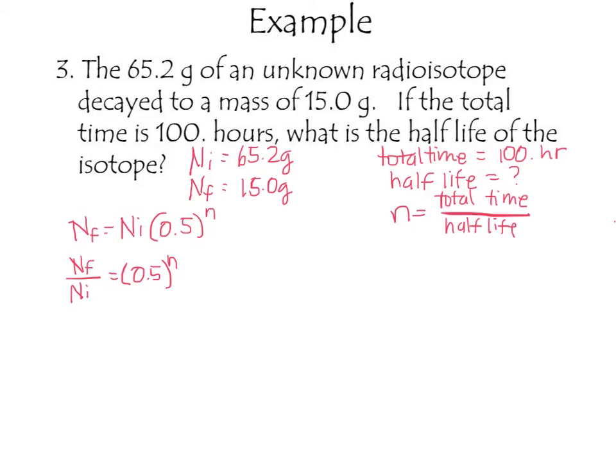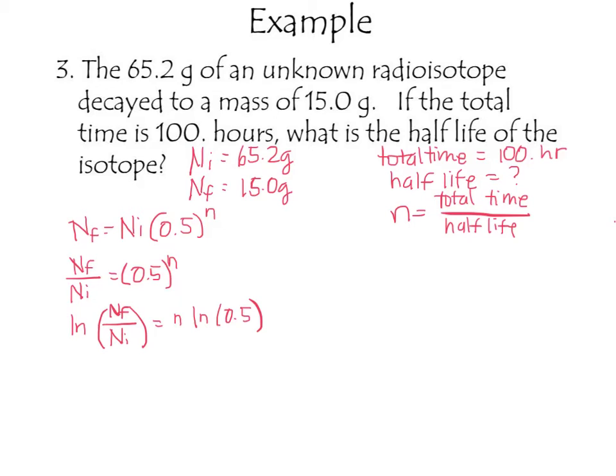Now, here is where you need to know the rules of natural log. Since this is half, we can put natural log on both sides. If we do that, our equation should look like this: ln of final mass divided by initial mass equal to n times ln of 0.5.